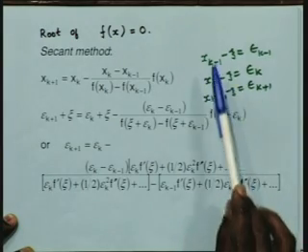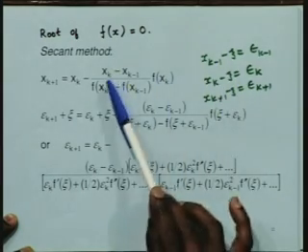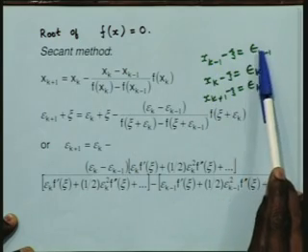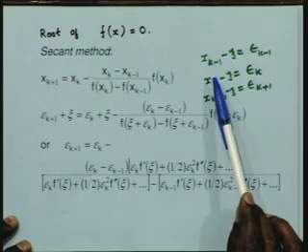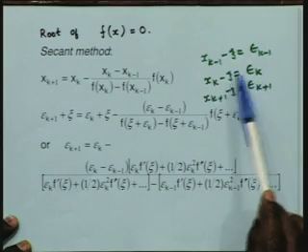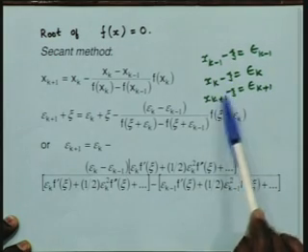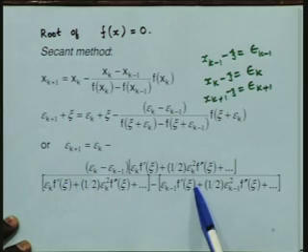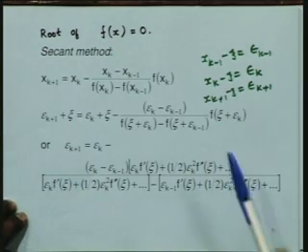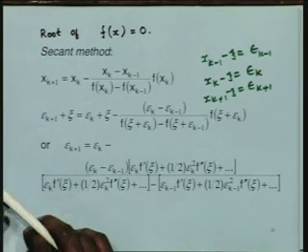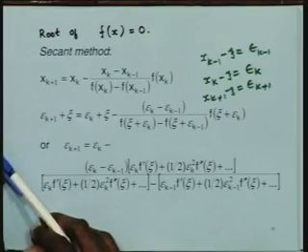Then we substituted the expressions for x_{k-1} as epsilon_{k-1} + xi, x_k as epsilon_k + xi, and x_{k+1} as epsilon_{k+1} + xi. Then the denominator was simplified. We take this up to the numerator, put it to the power of minus 1, and use the binomial theorem for expanding it.